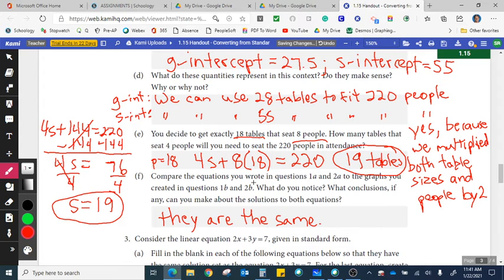Multiplying everything by the same number does not change the equation.